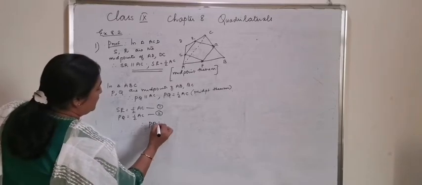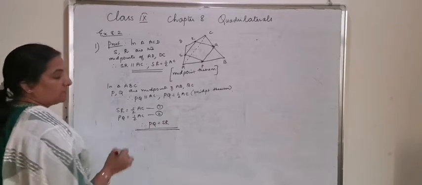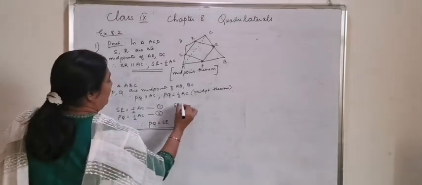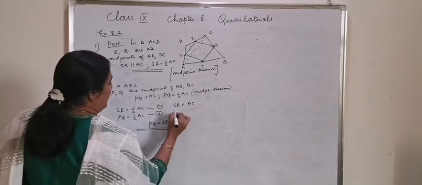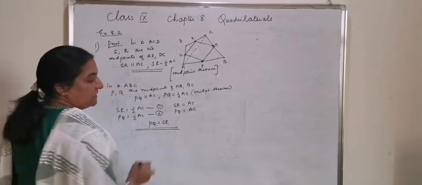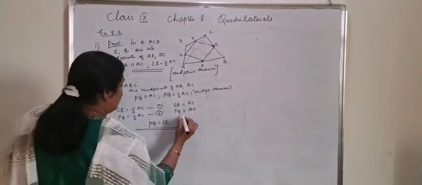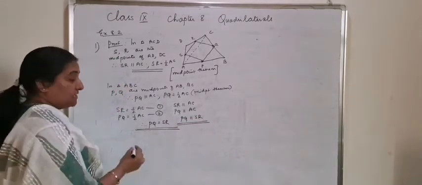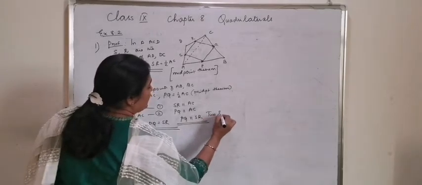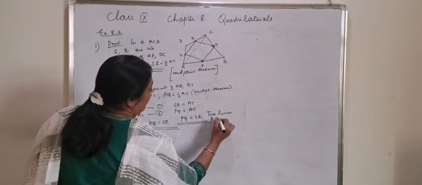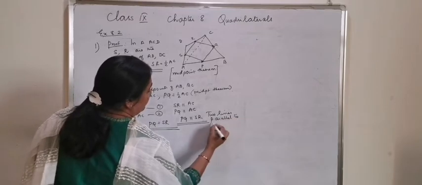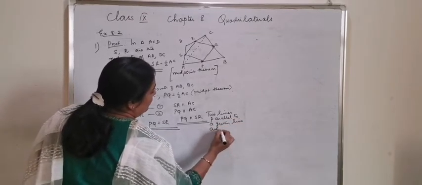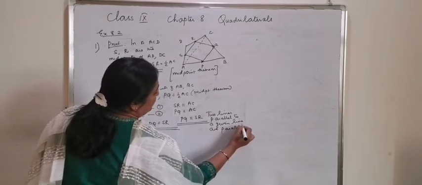Therefore, PQ is equal to SR. Similarly, SR parallel to AC and PQ parallel to AC shows that PQ parallel to SR also. What is the condition here? Two lines parallel to a given line are parallel to each other.